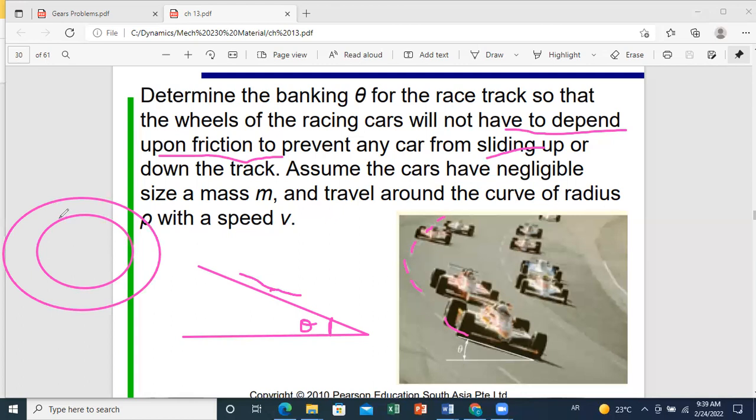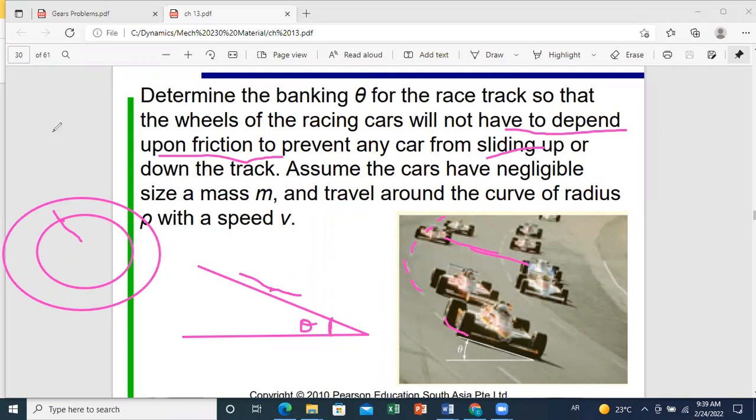They are not supposed to slide down or up the track, because if you have sliding down or up, you have a risk of accidents between your Formula One cars. Okay, so you are designing your race such that each car should move on a circular path following these dashed lines. Now, to have this motion, to ensure circular motion without sliding up or down, we should satisfy, if you want, the relation of circular motion.